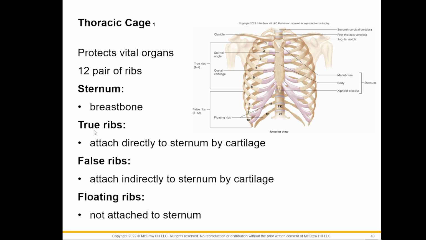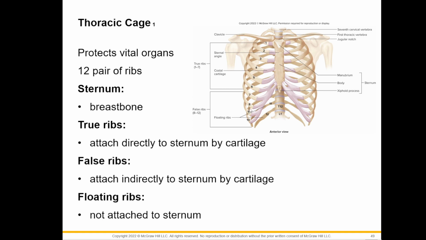When we say true ribs, they are directly attached to the sternum by a cartilage. So you can see here, rib number 1 is attached to the sternum by this parang grayish substance, and this is a cartilage. Rib number 2 directly connected. Rib number 3 directly connected. Rib number 4, rib number 5. But once we reach rib number 6 and number 7, actually, rib number 6 and 7 connected pa sila directly.